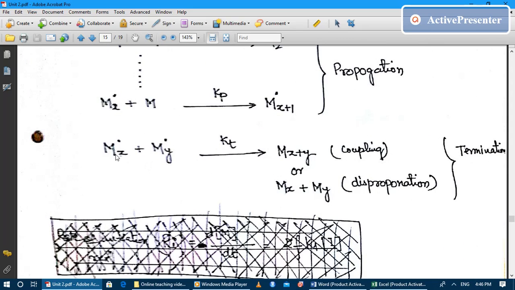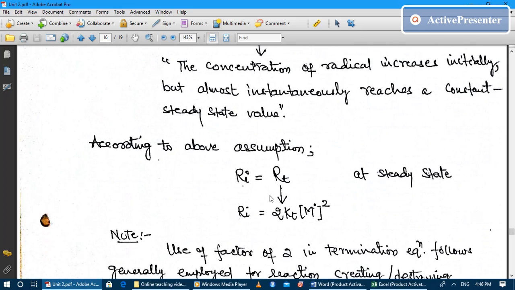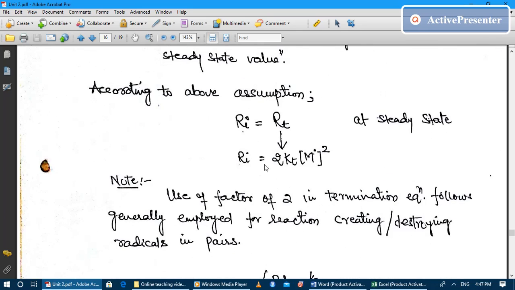2 M dot, Mx dot and My dot are representing 2 M dot square here. So it will be 2 kT [M dot] square, and this factor of 2 in the termination equation follows the generally employed convention for reactions creating or destroying radicals in pair.